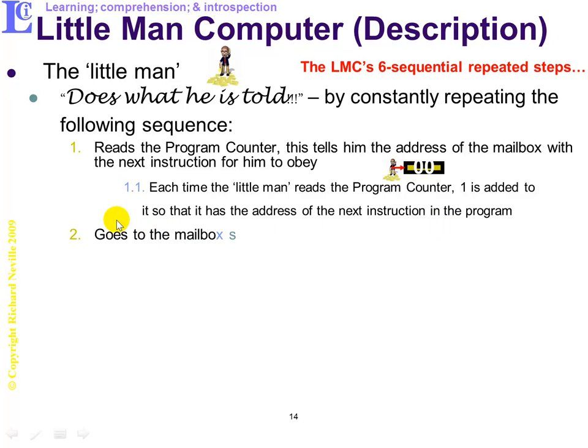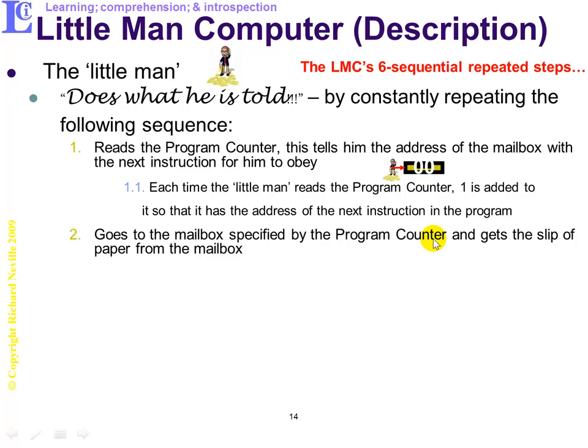So what does he do next? Once he has the address the program counter points at, in this case mailbox address 0, he goes to that mailbox and gets the slip of paper. So that's step 2. He goes to address 00 and picks up the slip of paper that has 500, 3 digits on it, base 10.